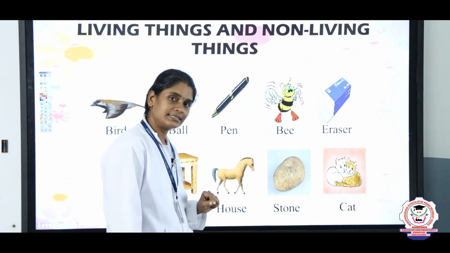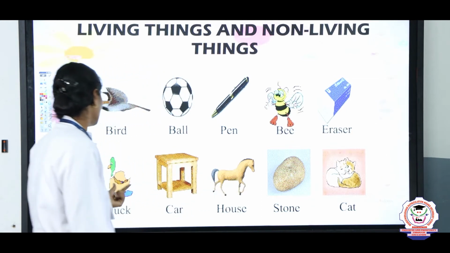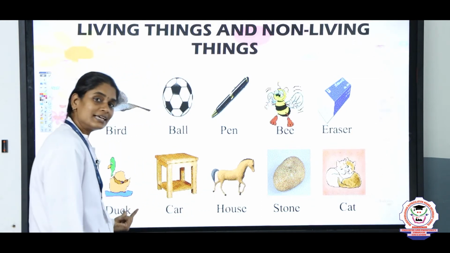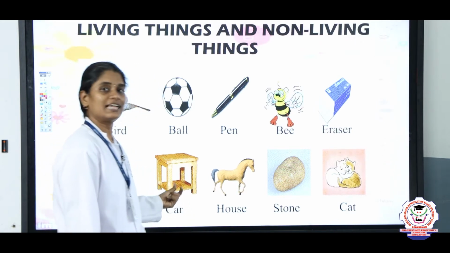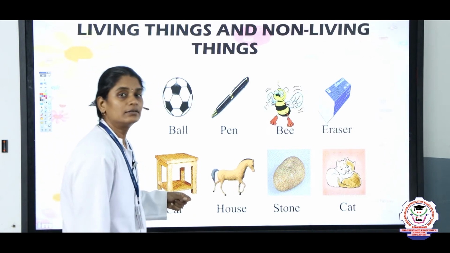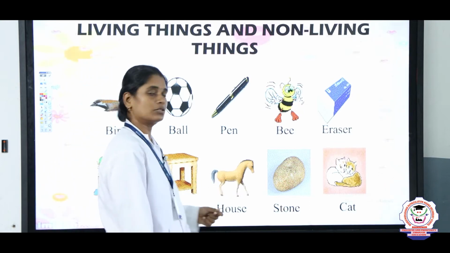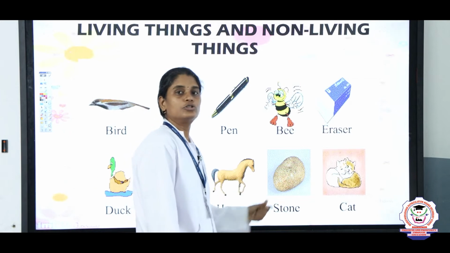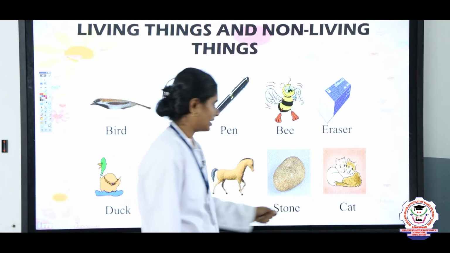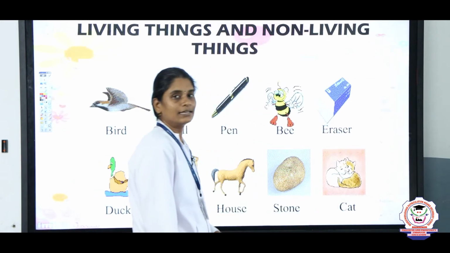Eraser is a non-living thing. Duck is a living thing. Bench or chair is a non-living thing. Horse is a living thing. Stone is a non-living thing. Cat is a living thing.